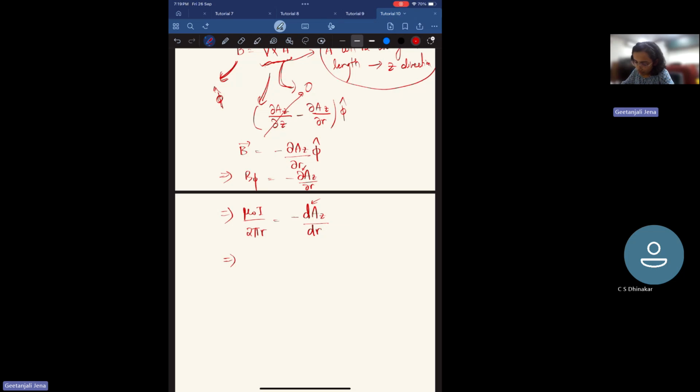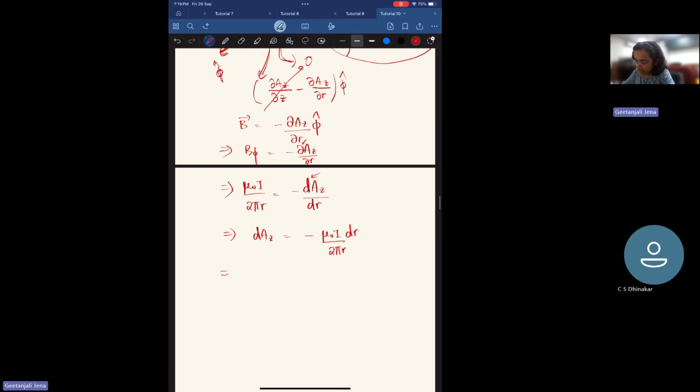Now we can solve it. dAz is minus of mu naught I by 2 pi r dr. So Az will be, integration of dr by r will give ln r, plus some constant that we can get from the boundary condition.